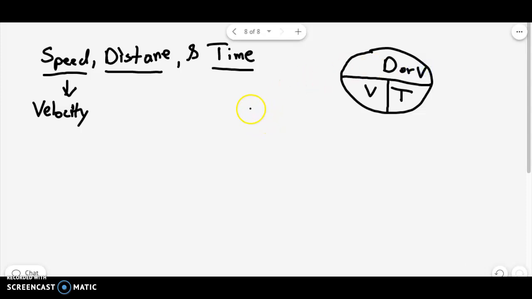All right. And the way it works is that based off whatever it gives you, you cover up whatever it asks you to find. So for example, it says calculate the average speed of the golf cart that goes 140 meters in 10 seconds. So the knowns, you're going to use your reference sheet. You're going to look at the unit and it says 140 meters. 140 meters, that is a distance.